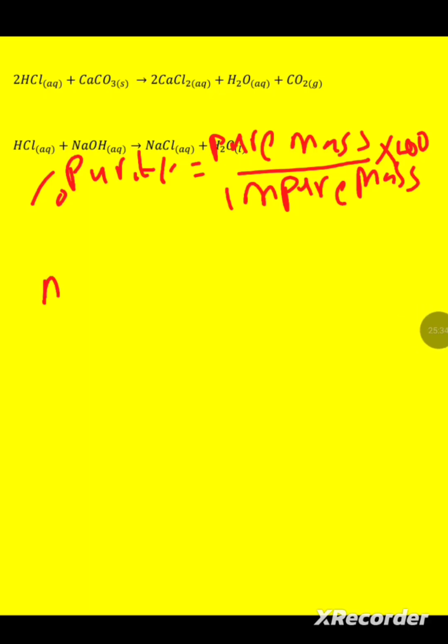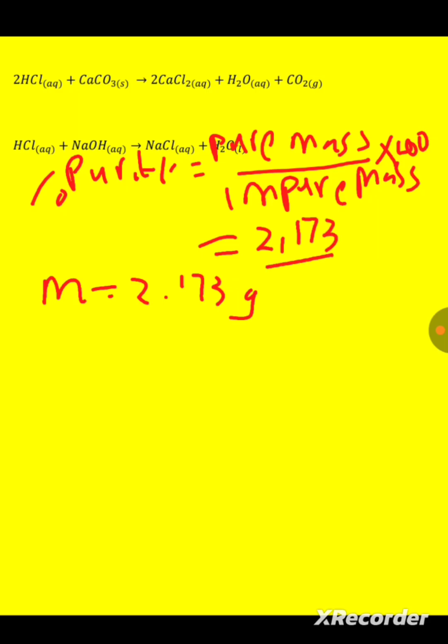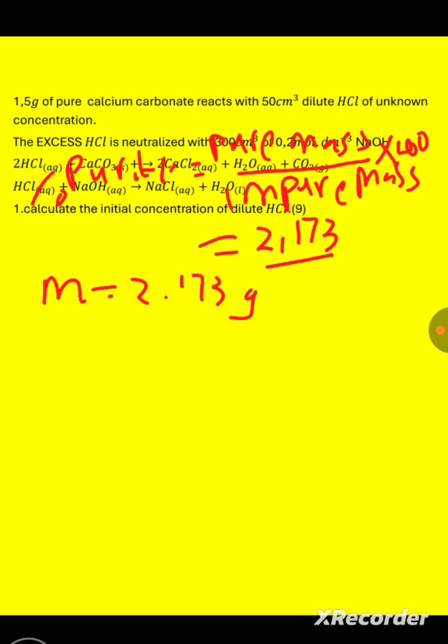Then the pure mass, we got it as 2,173 grams. This, so we put 2,173 over the pure mass was what was the impure mass, by the way?